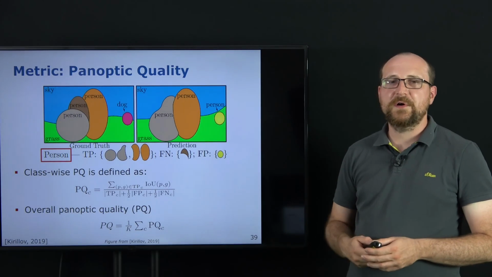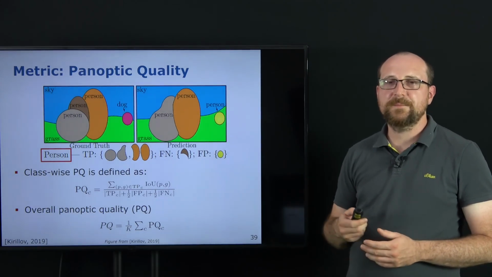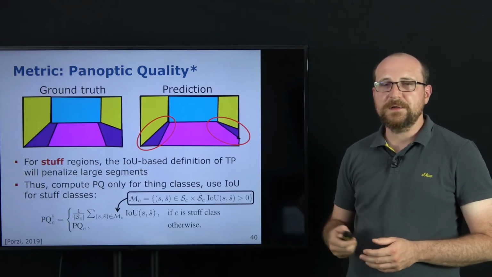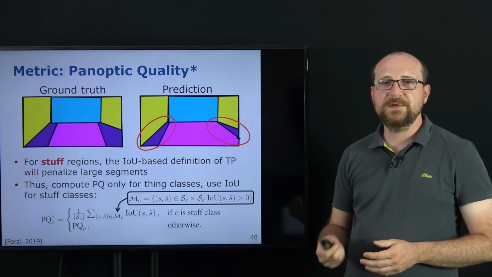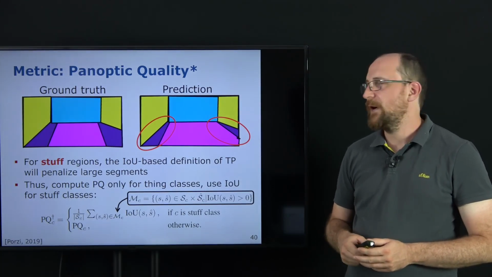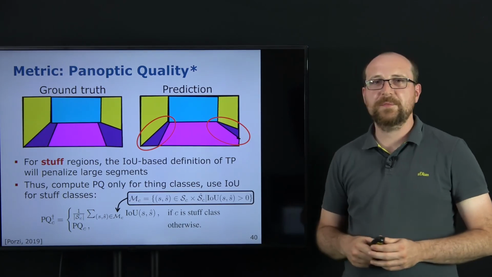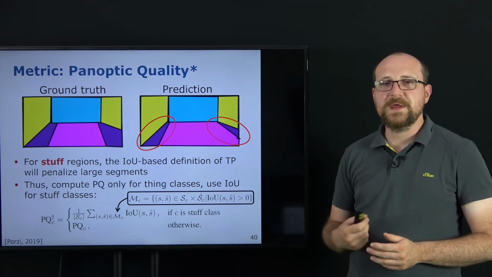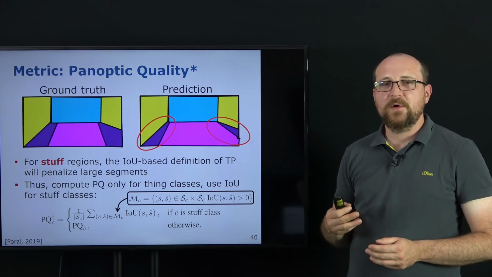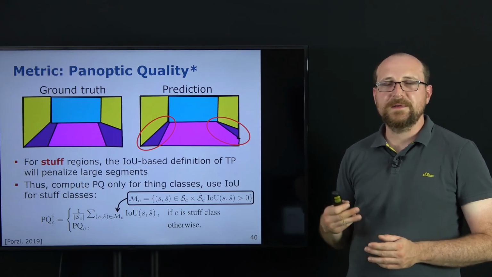In the case of the panoptic quality, the authors of the seamless scene segmentation paper came up with a shortcoming of the normal panoptic quality, which is maybe over-penalizing the stuff regions.